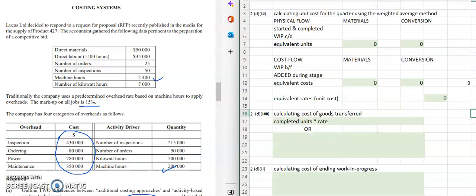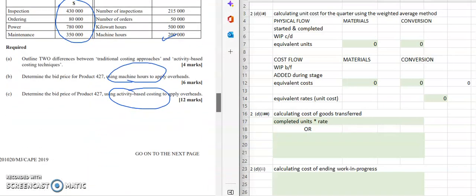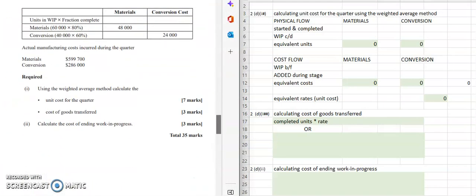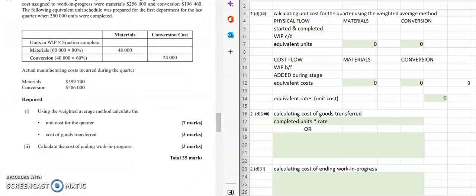So let's go to the last part of the question, which is the weighted average. And it's asking us to find out the cost of a unit for the quarter. And we know that weighted average is process costing. So in process costing, we want the equivalent cost to divide by the equivalent units. So the equivalent units would be all of the units that were completed. And the question clearly says that we completed 350,000.